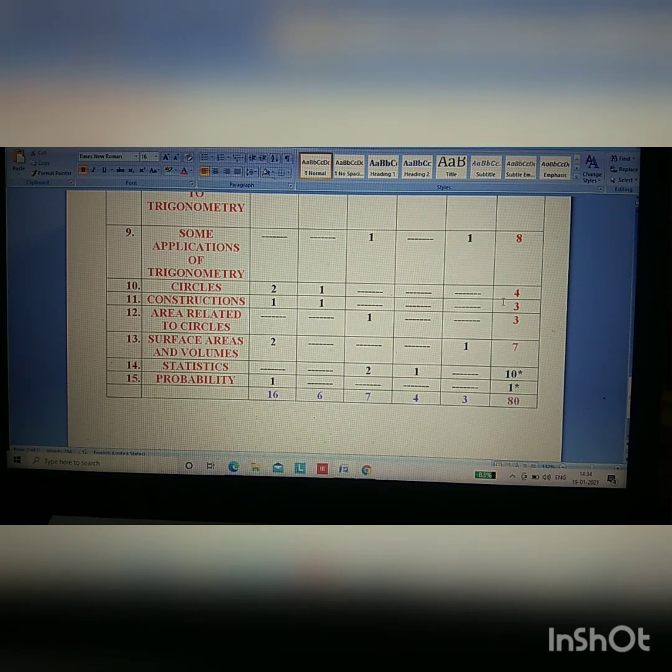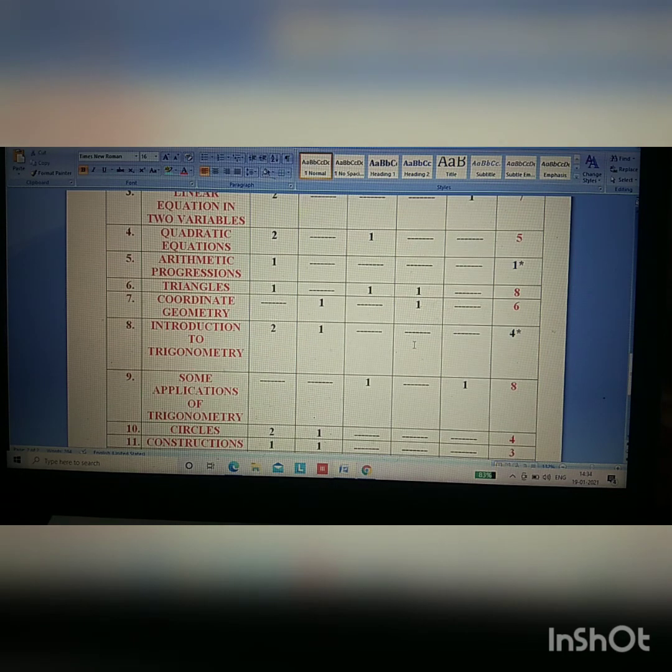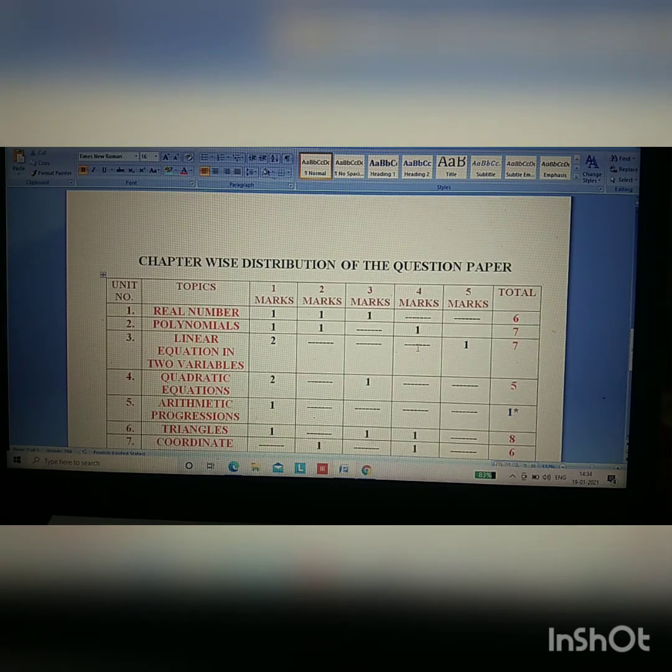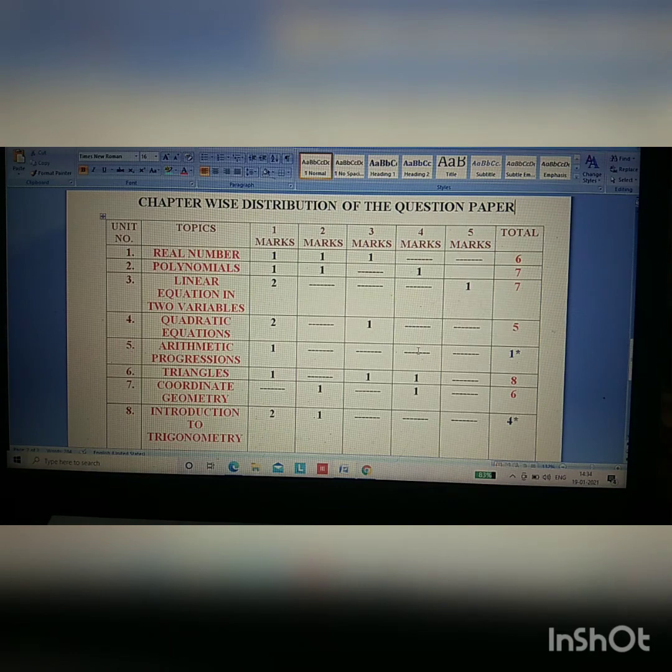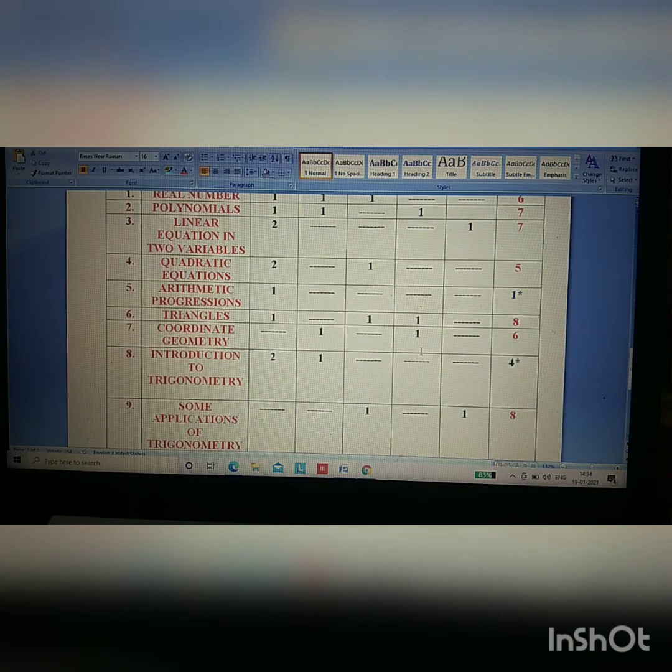So totally there are 16 questions of 1 mark, 6 of 2 marks, 7 of 3 marks, 4 questions carrying 4 marks which are purely case study based, and 3 questions are the long type. Total number of questions is 16 plus 6, 22, 29, 33, 36, and the total weightage of the paper is 80.